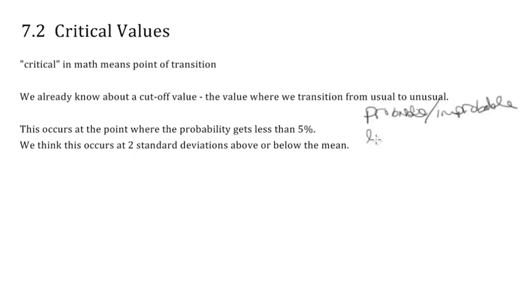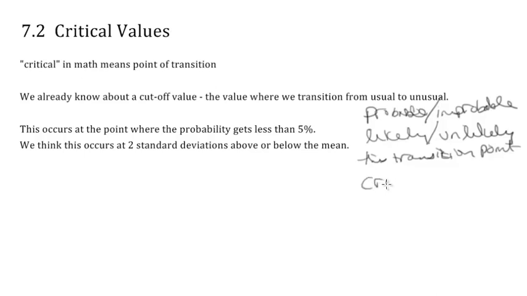Or we can talk about the value where we transition from what could be likely to what would be unlikely. And we call this transition point what I'm talking about when I'm talking about a critical value.